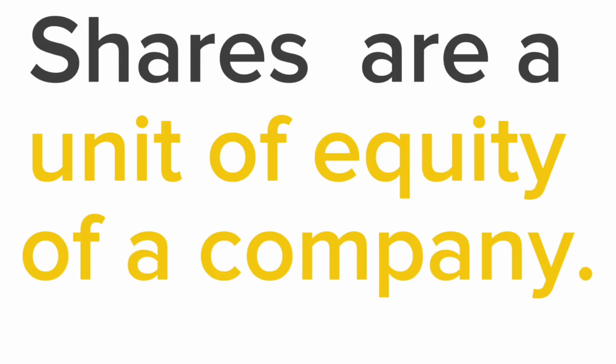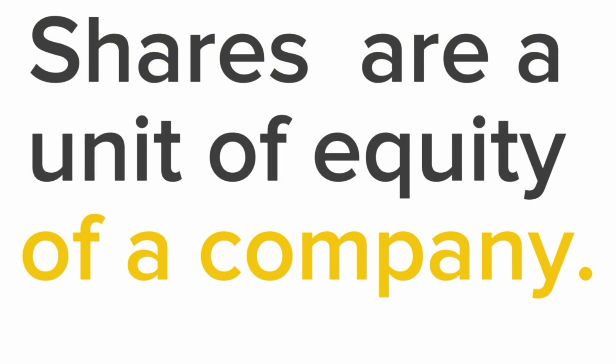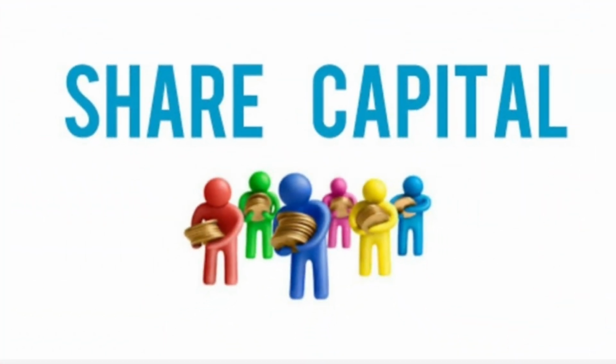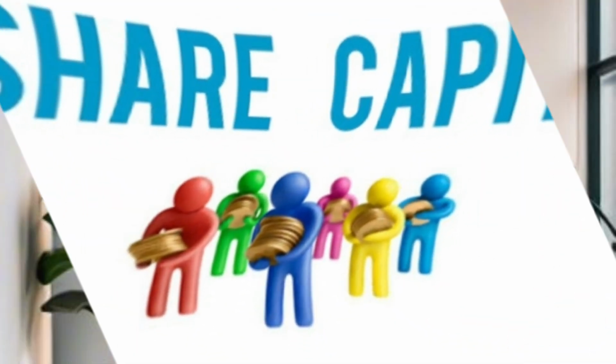Now, what are shares? Shares are a unit of equity of a company. Shares are a unit of ownership of a company. When you form a company, it is formed using capital. That capital is contributed by different shareholders.